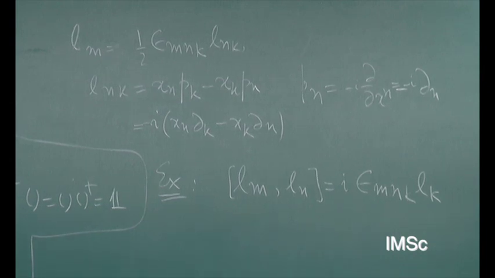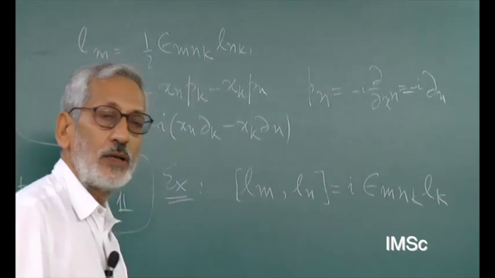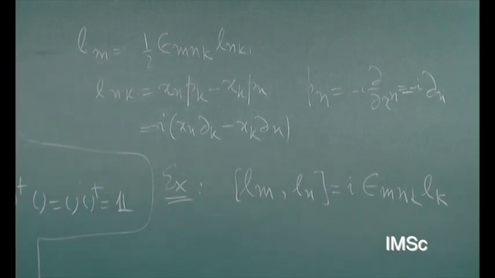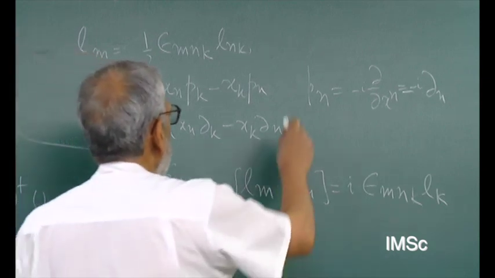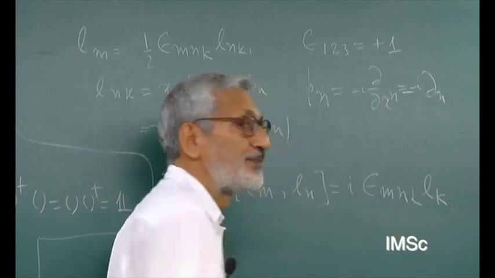It changes sign if you interchange any two indices, is 0 if any two are equal, and epsilon 1, 2, 3 is plus 1.